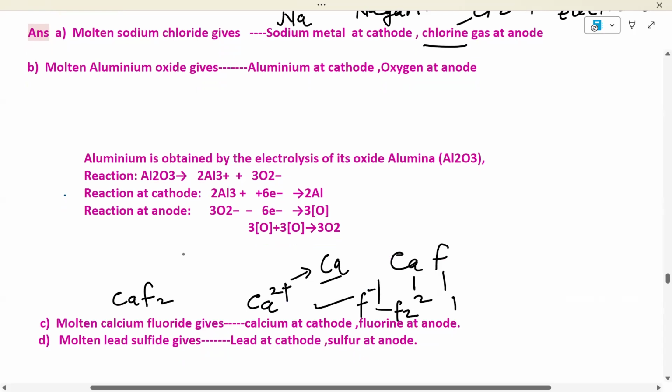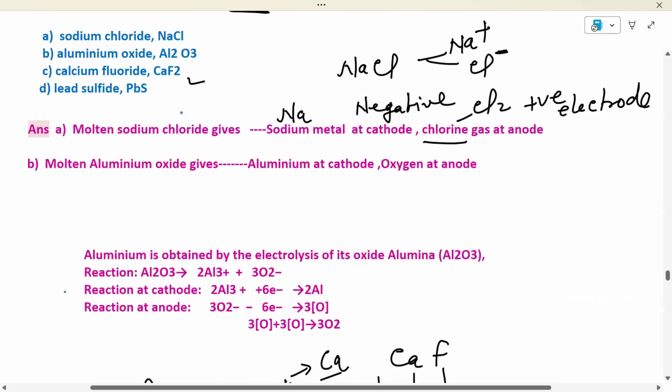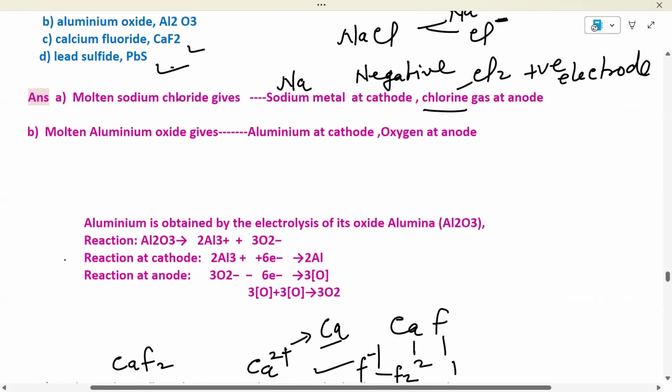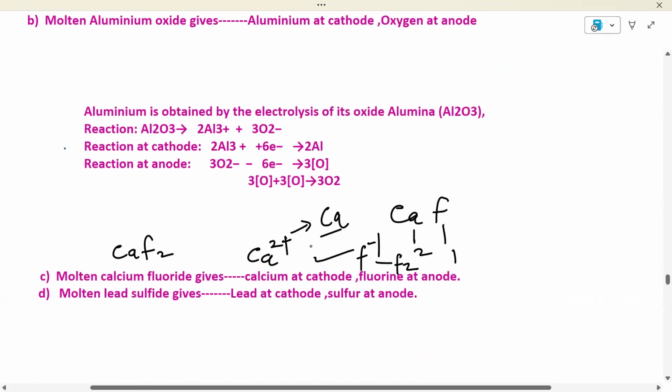Next is molten lead sulfide. It will give lead at the cathode. The formula of lead sulfide is PbS, right?